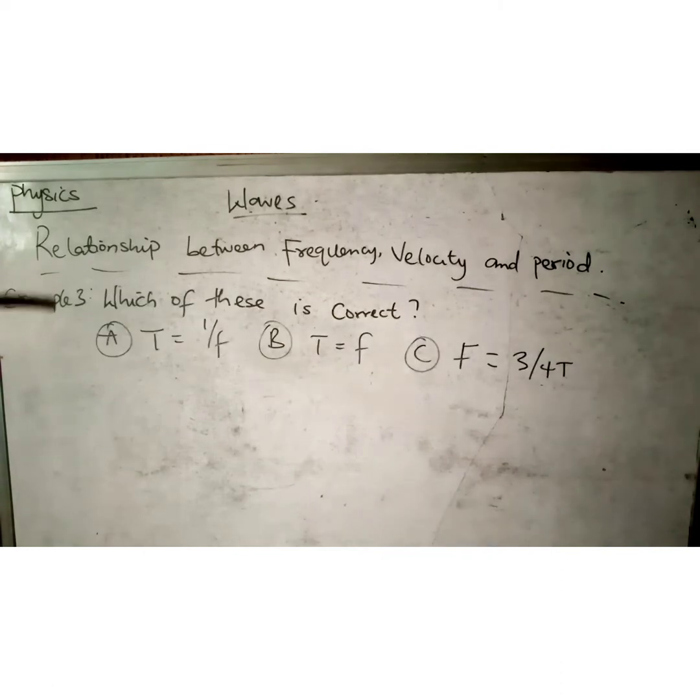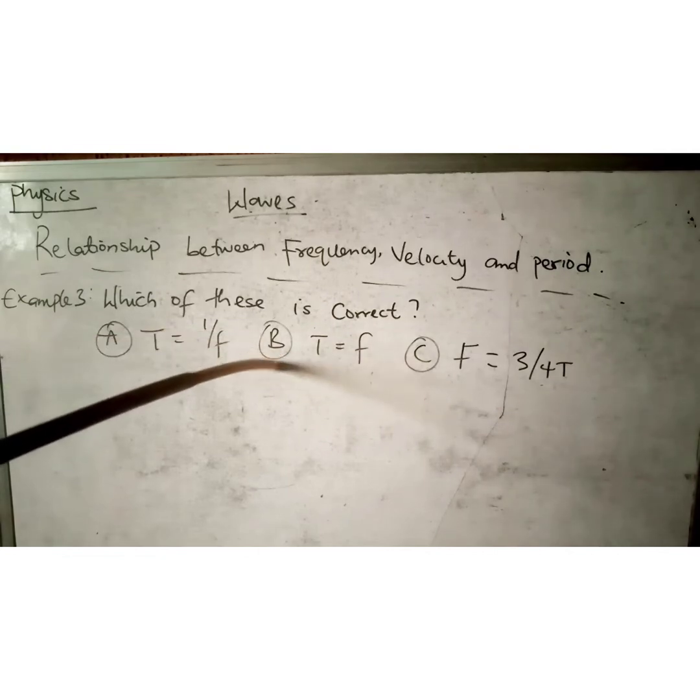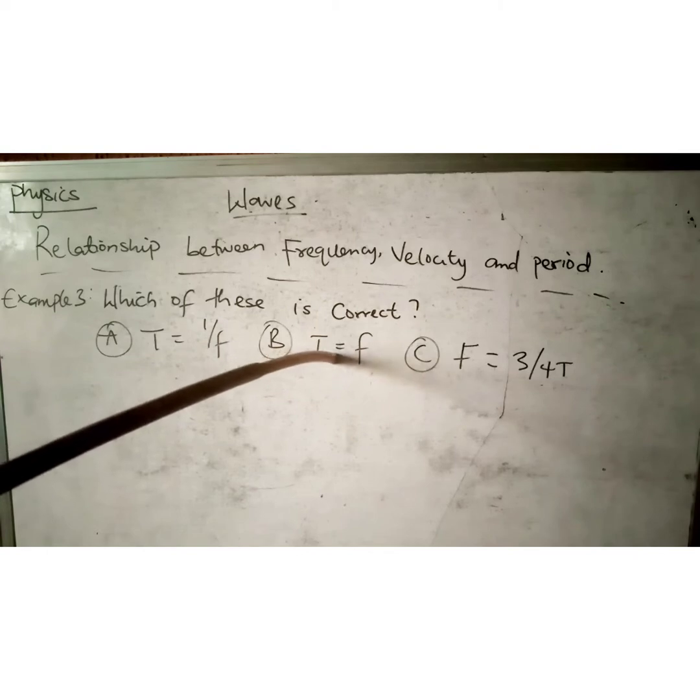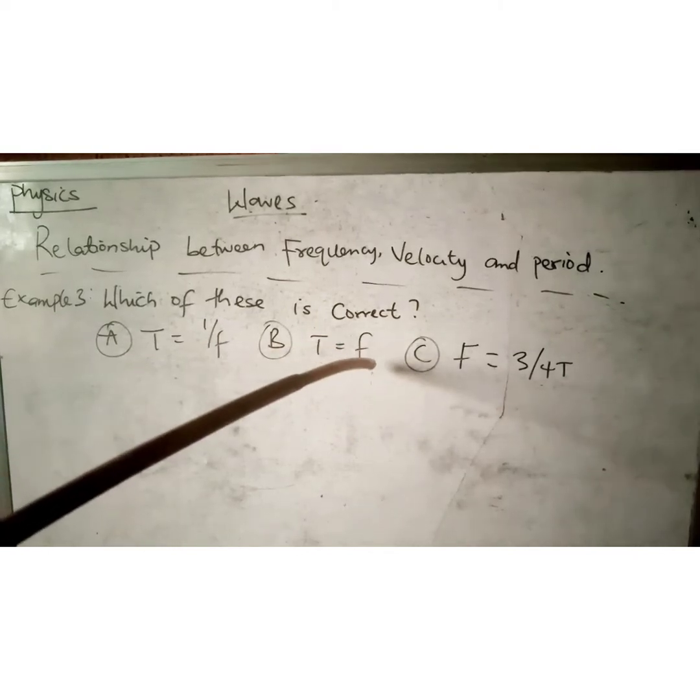The next question says, which of these is correct? Option A, T, which is the period, is equal to 1 over frequency F. B, T is equal to F, that is, period is equal to frequency.